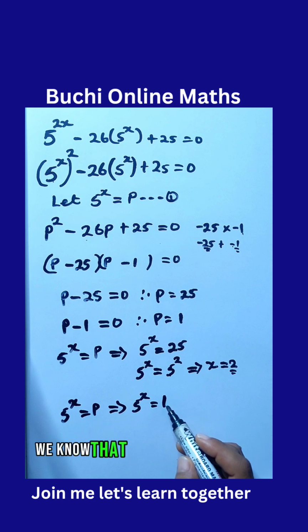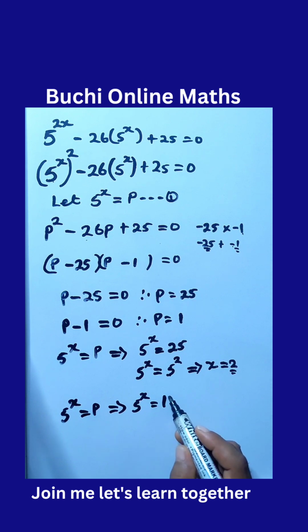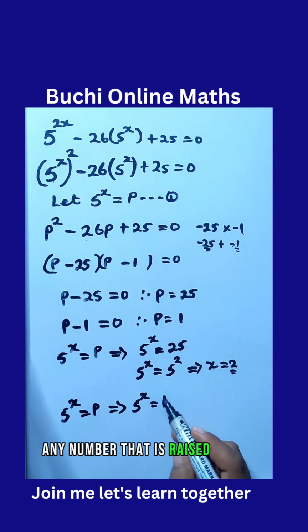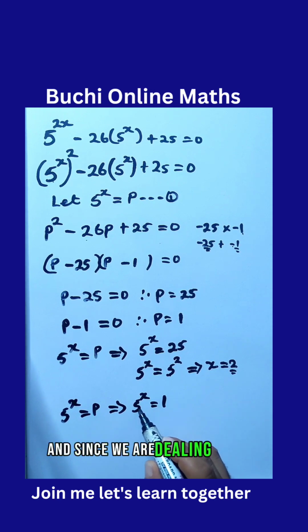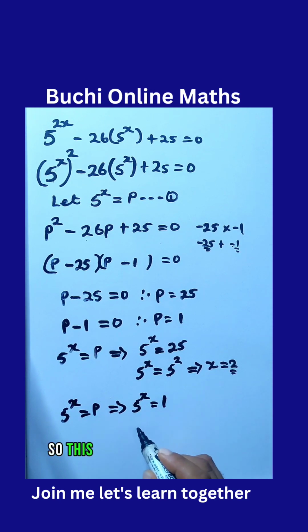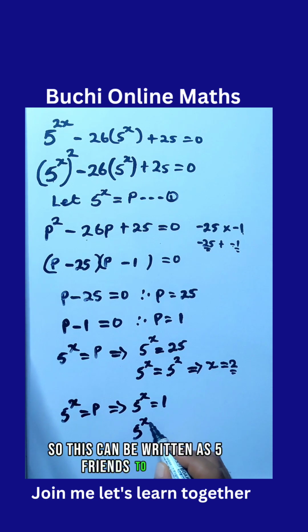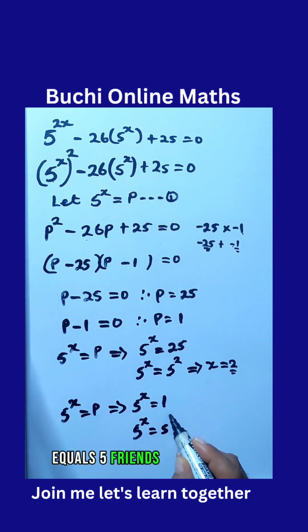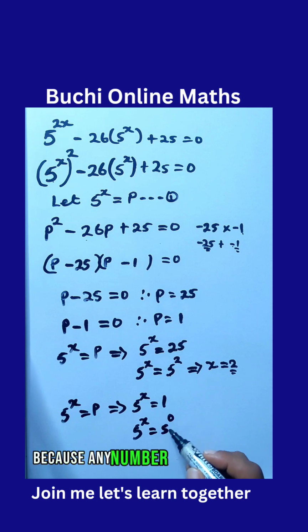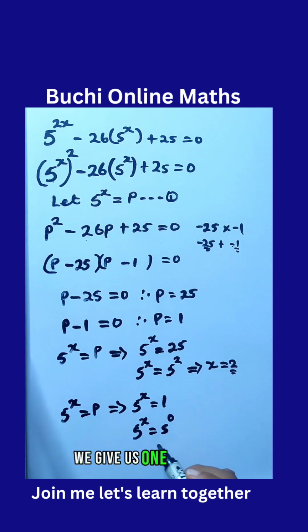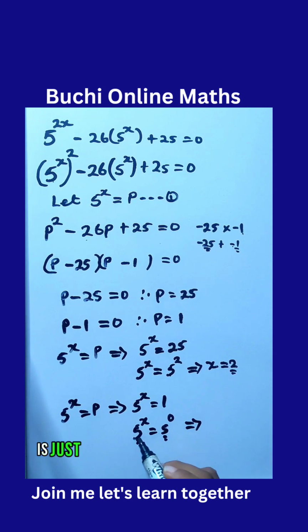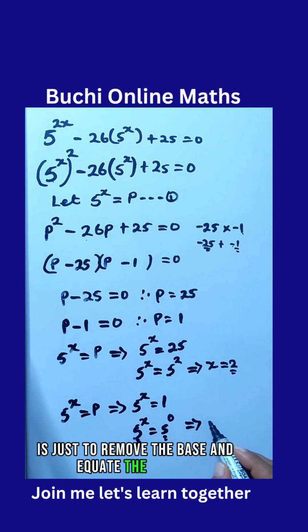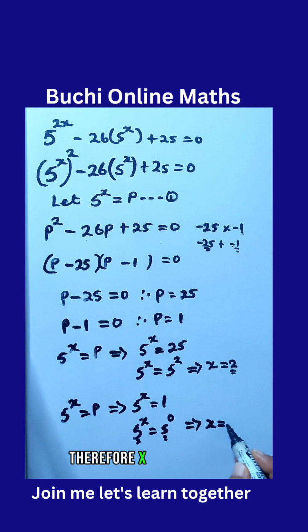We know that from the laws of indices, any number that is raised to power 0 is 1. And since we are dealing in base 5, this can be written as 5 raised to power x equals 5 raised to power 0, because any number raised to power 0 will give us 1. Now that we have the same base, we just remove the base and equate the powers. Therefore, x equals 0.